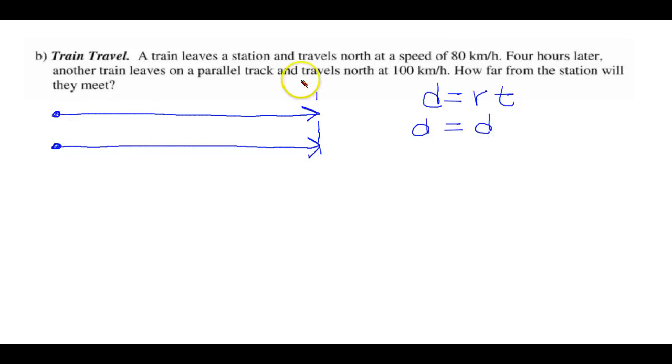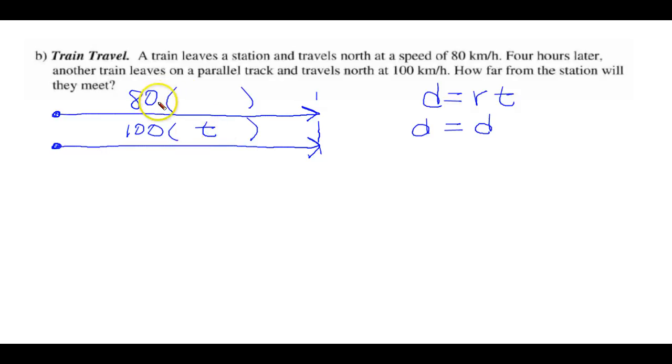So we know this train is 80 and this train is 100. That's its rate. Now what do we know about the time? Well, for one, the faster train, let's call that the unknown time, t.